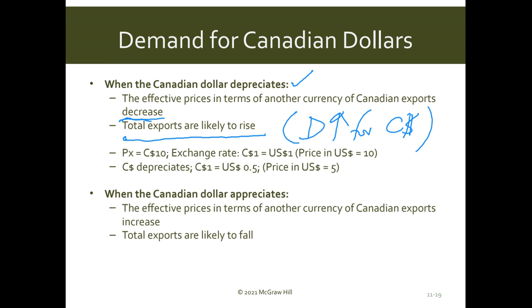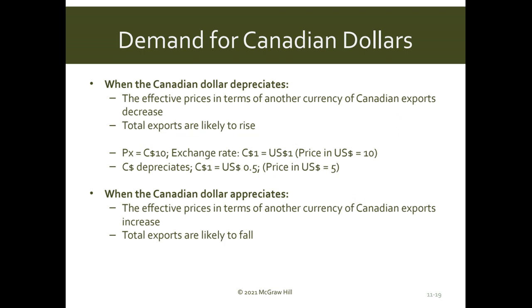This is what I'm trying to show you, that if currency depreciates, then demand for Canadian dollars will increase. Quantity demanded. There's no shift in the demand curve. You are moving down the demand curve. How is this happening? Let's take a simple example, and I'm not going to give you the same example for appreciation. You can do your own. Suppose the price of product X, any X, and this is the exported product, is Canadian dollar 10.